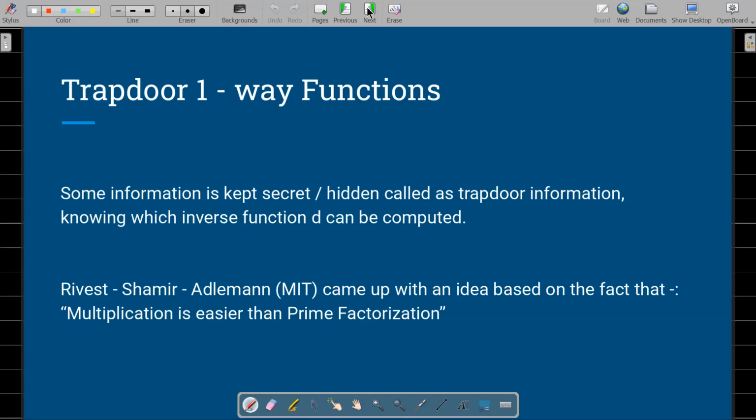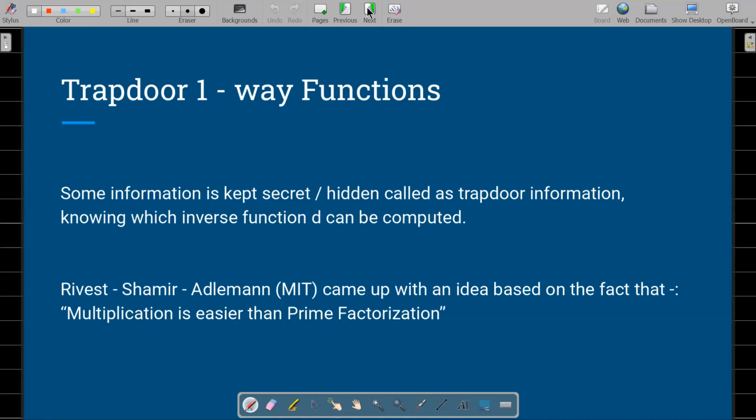Some information is kept secret or hidden, and that information is called trapdoor information, as we'll see later from our example of RSA. If you know that hidden trapdoor information, then you will know how to find D. So the inverse function D can be computed after knowing that trapdoor information.